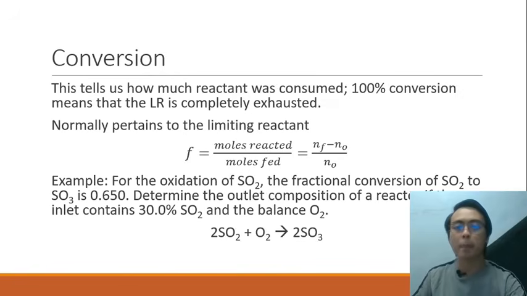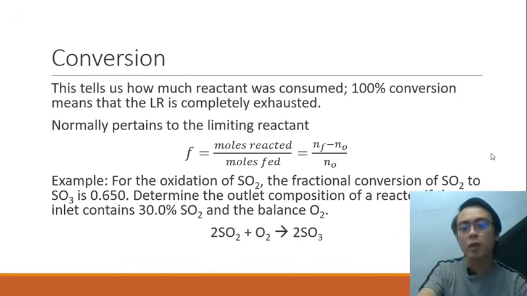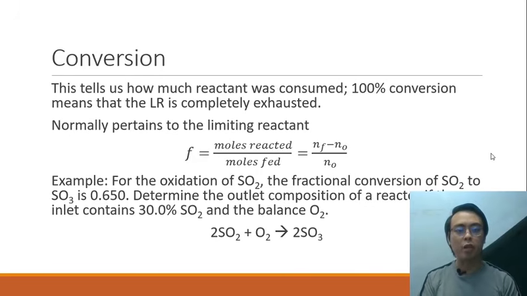Next, conversion. Conversion is a very important parameter in your study of chemical engineering calculations because conversions will always apply whenever there is an incomplete reaction, which is almost all of the time in industrial processes or real life applications. So how do we define conversion? The conversion tells us how much reactant was consumed.